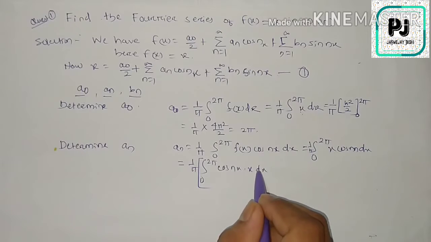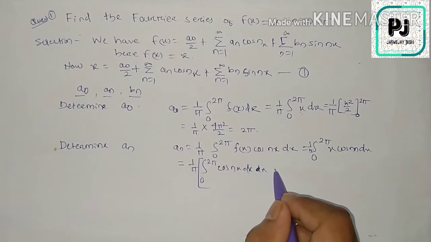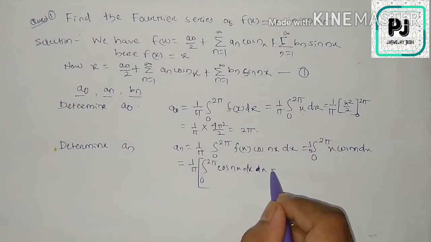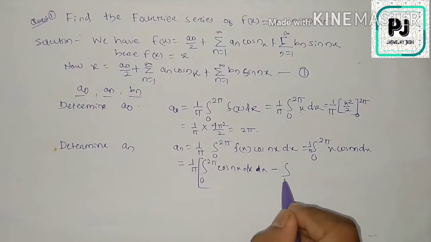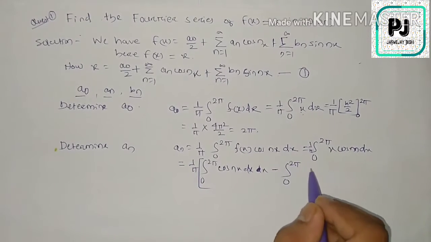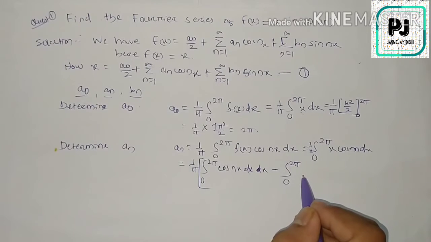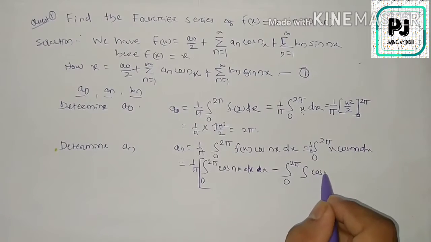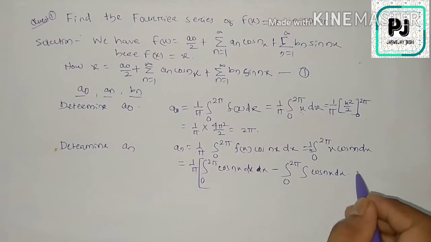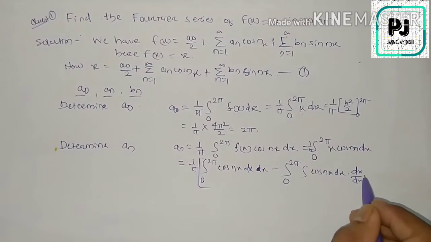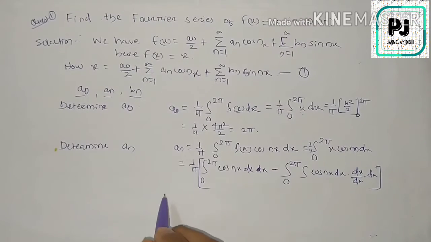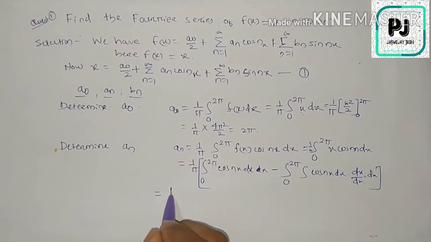There we have to put cos nx dx into x, we can write there, minus again 0 to 2 pi integration, then integration of cos nx dx into derivative of x. It means integration of u into v dx.